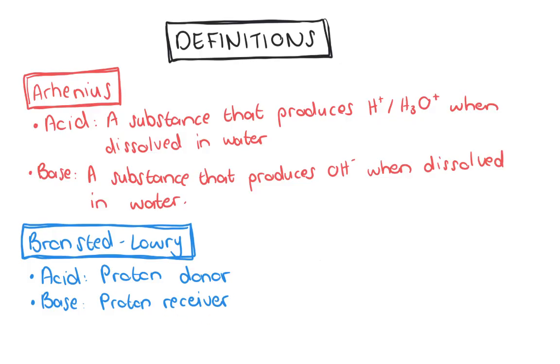So a cute way to remember this is Brad. Your base receives, your acid donates. So in other words, your acid gives away a proton, a hydrogen ion, and your base receives that, like we saw in the previous slide when we talked about what is an acid-base reaction.